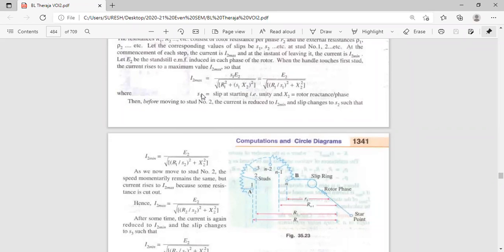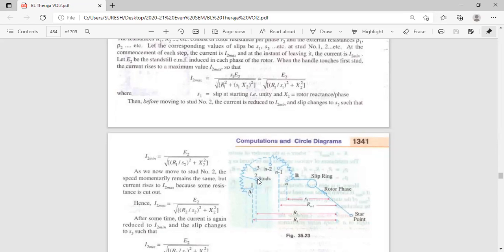Now why am I taking slip 1 in the standstill condition? Speed is 0, so slip is 1, S1 is 1. Now I2 minimum at point 2, when the contact is at stud 1. Now move the contact from 1 to 2.